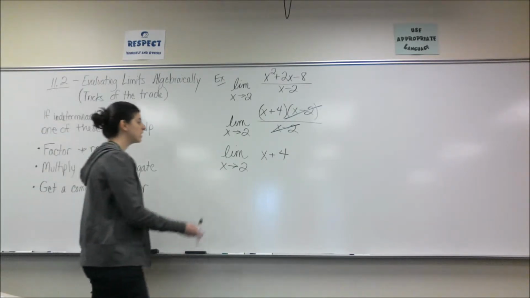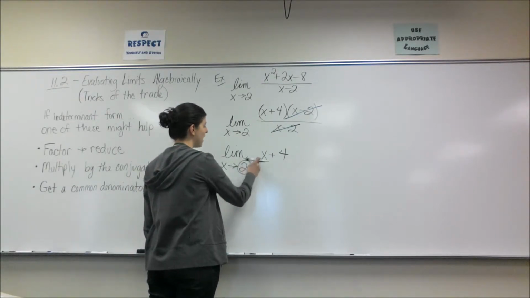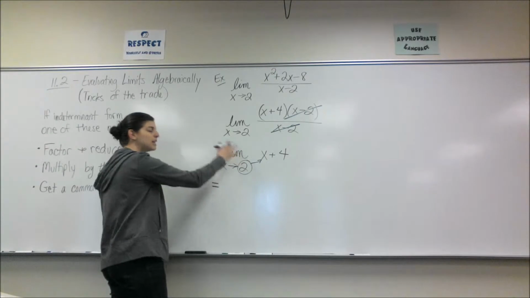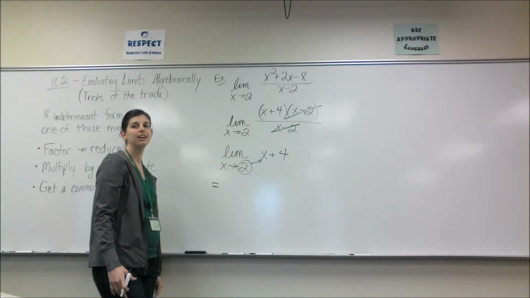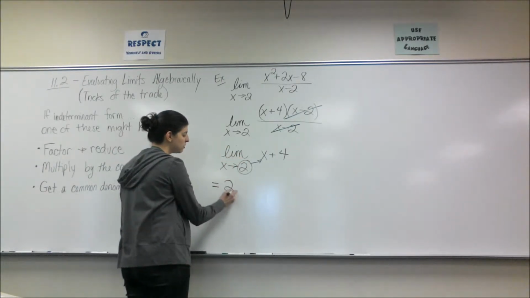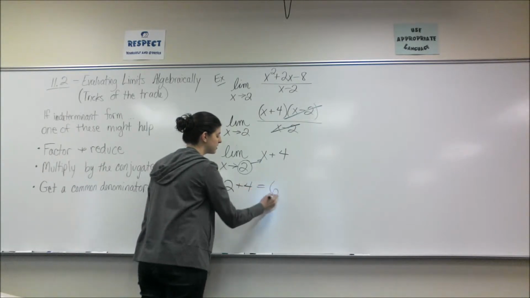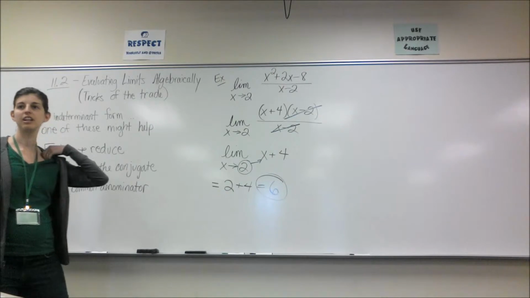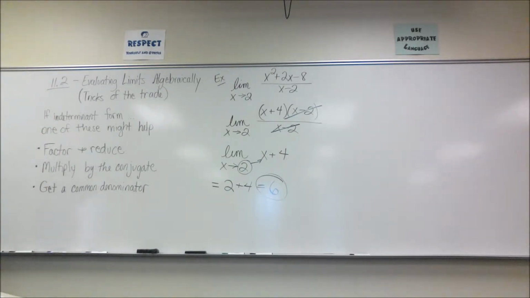Plug in 2 for x. Now we are evaluating the limit, so I will drop the limit notation and just say this is 2 plus 4, which is 6. So the limit as x tends to 2 of my original function equals 6. Little manipulation there.